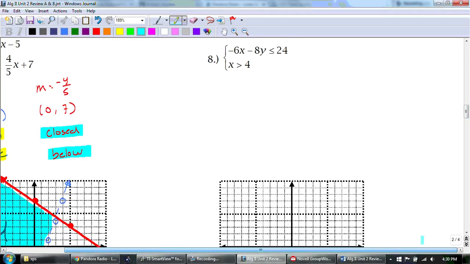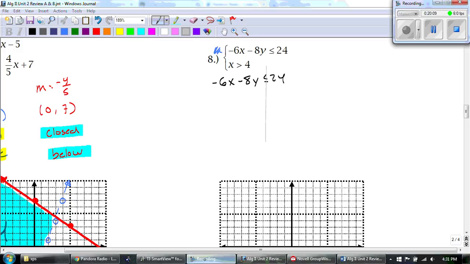Last one. Now, I want you guys to solve this first one: -6x - 8y ≤ 24. Go ahead and pause the video, solve, and graph. Remember, don't shade yet. All right, pause the video.